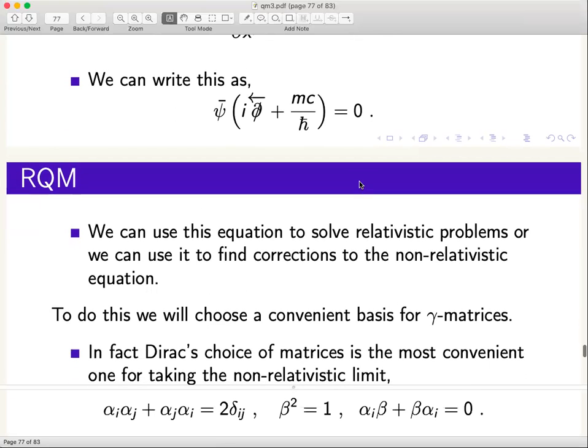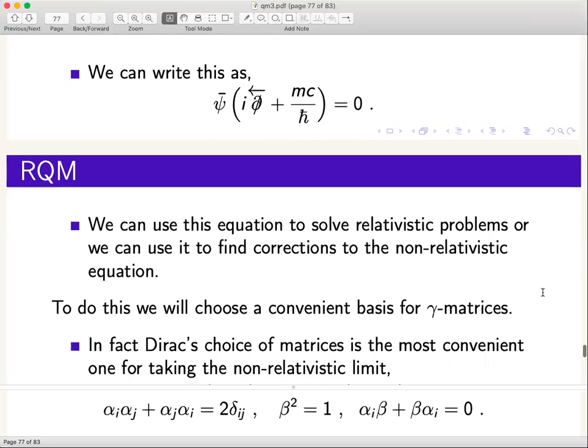The reason I'm saying that to find corrections to the non-relativistic equation is that the relativistic equation is highly constrained, and it will give you a large, in fact infinite, class of corrections to the non-relativistic equation, of which we'll have to choose which are the dominant contributions and which are subdominant or sub-subdominant, which you could probably leave out until you want to do a more accurate experiment.